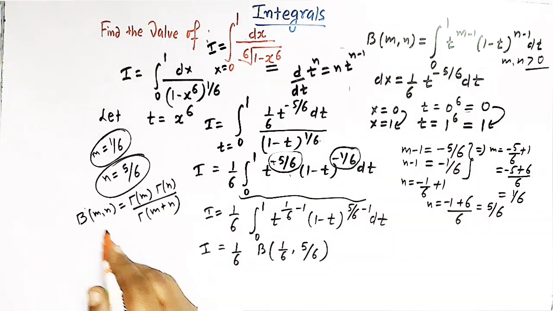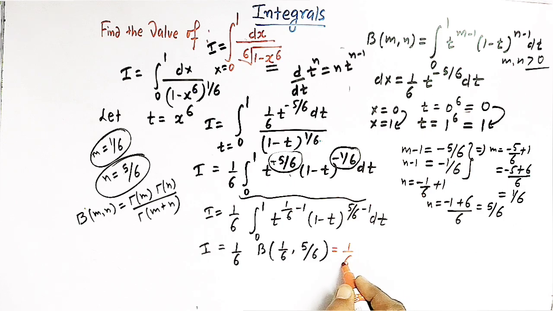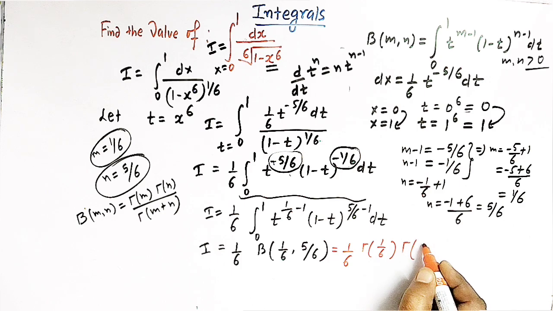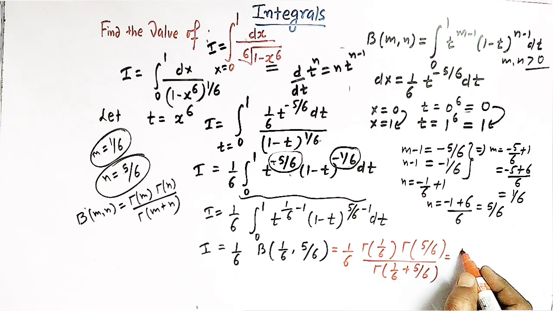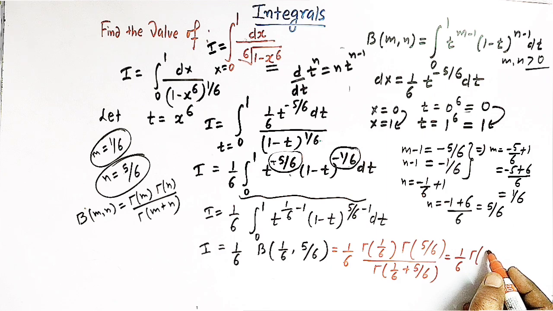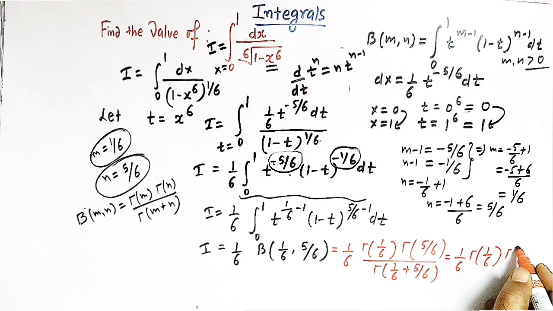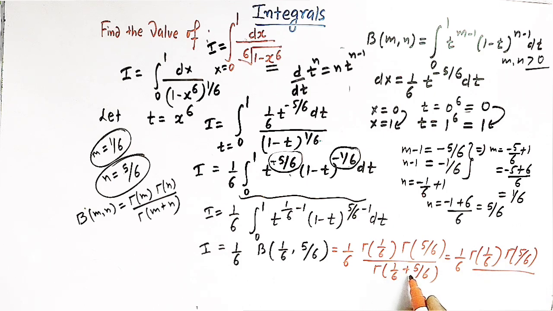So now using this relation, we can write beta of 1 over 6 comma 5 over 6 as gamma 1 over 6 times gamma of 5 over 6 divided by gamma of 1 over 6 plus 5 over 6. 1 over 6 plus 5 over 6 is 6 over 6, that is equal to gamma 1, and gamma 1 is equal to 1. So here we have 1.